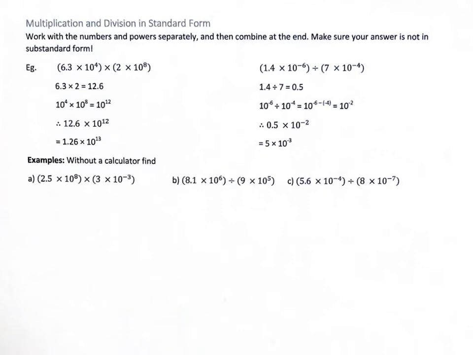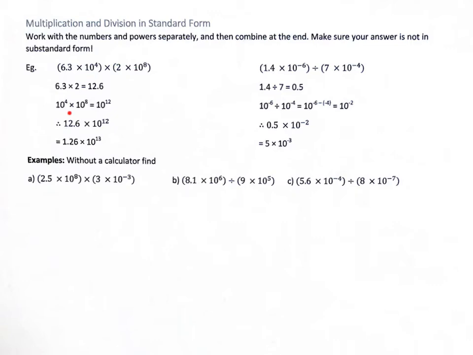For multiplying and dividing in standard form, the best way for us to do that is to look at the numbers first of all. So if we ignore the power of 10, in this example we've got 6.3 times 2, which gives 12.6. Then for the indices, we have 10 to the power of 4 times 10 to the power of 8.